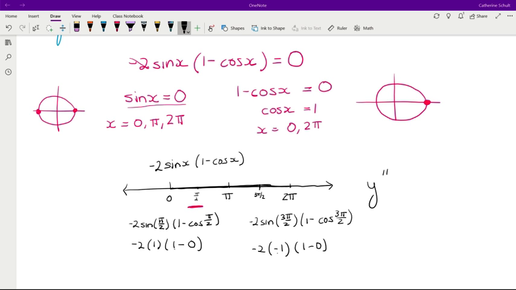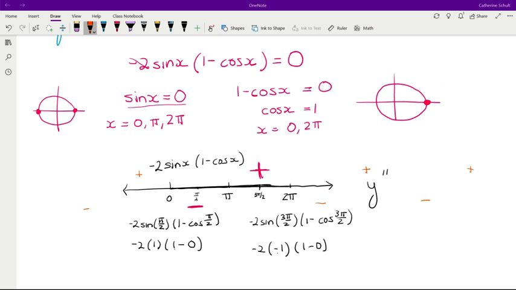So -2 times -1 is +2. The double derivative is positive right there. And then the next period is going to have the same symmetry. It's going to go minus, plus, minus, plus, and so on.